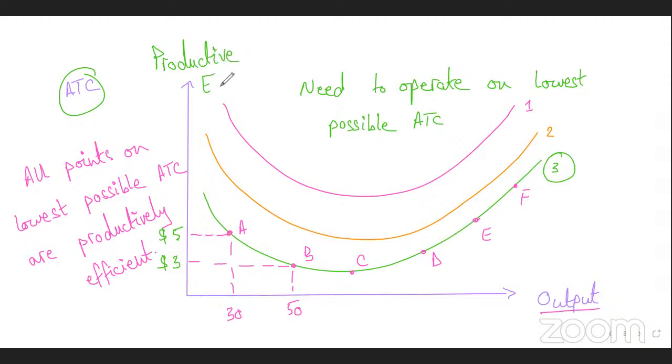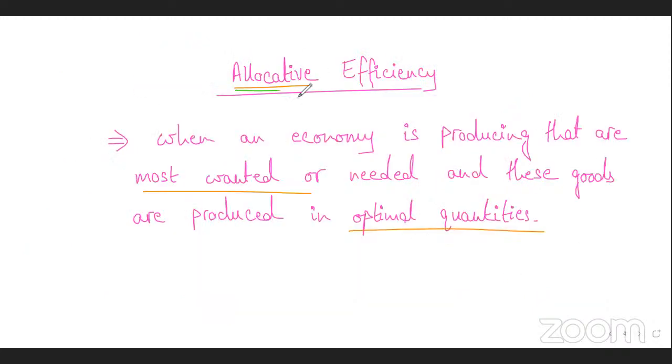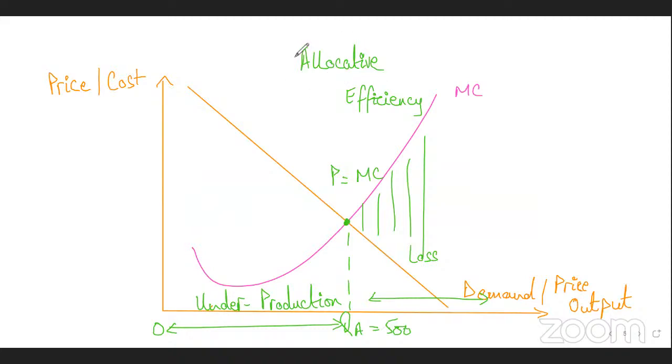As far as allocative efficiency is concerned, the later two graphs that we have just looked at are for allocative efficiency, right? The first one that we made, because what was the definition of allocative efficiency? Producing goods that are most wanted, and these goods are produced in optimal quantities, right? So the first graph for allocative efficiency is when your marginal cost, which is the J-shaped graph, is equal to your demand curve, which shows you the price.